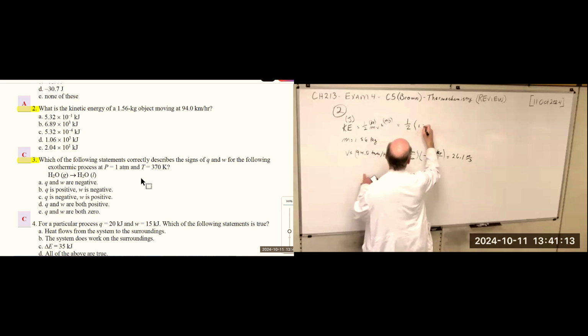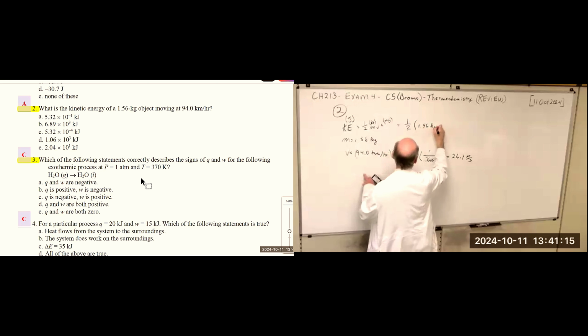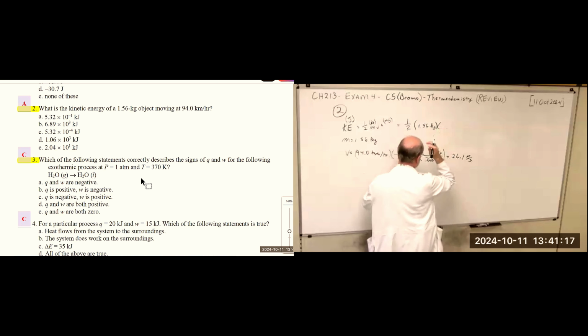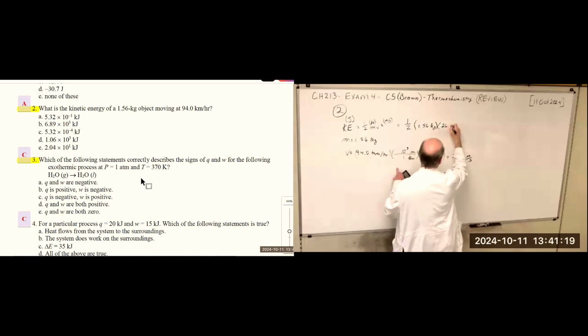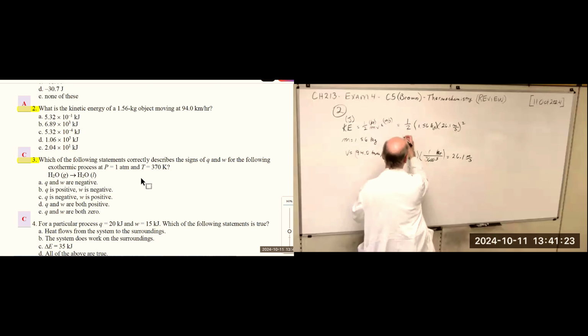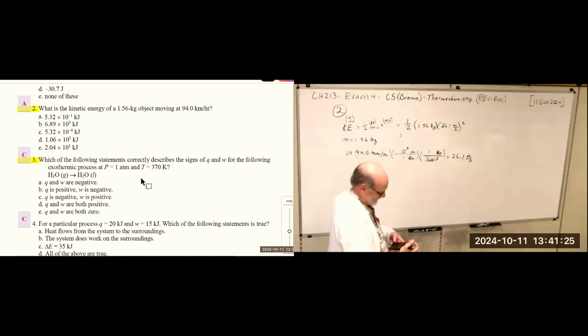1/2, 1.56 kilograms, and 26.1 meters per second, that's squared. Okay. So we'll go ahead and square this value right here, and 1.56 times that divided by 2.